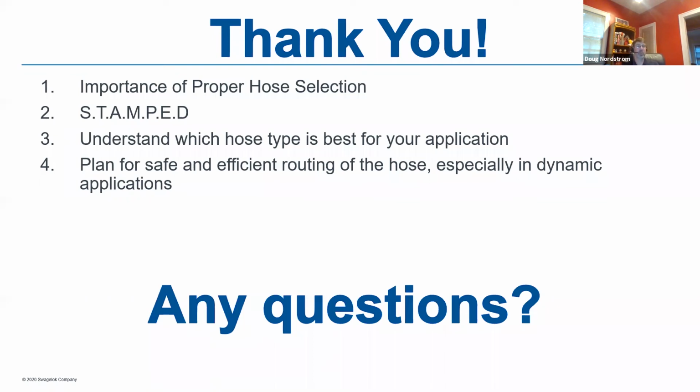But other than that, our hose advisors know how to look at an application and determine that the metal core hose is going to perform well with this, but not with this parameter, but that parameter is a smaller factor in the overall application.